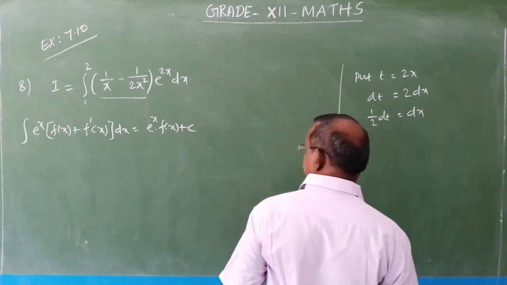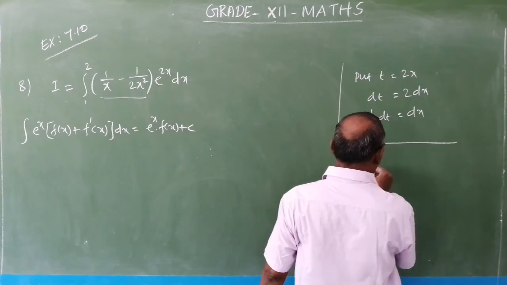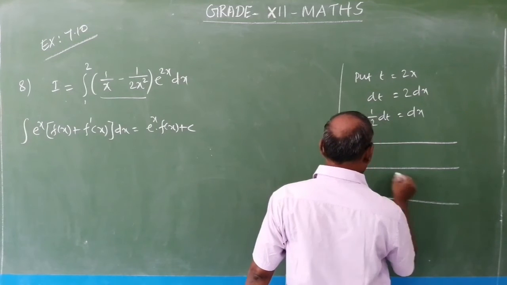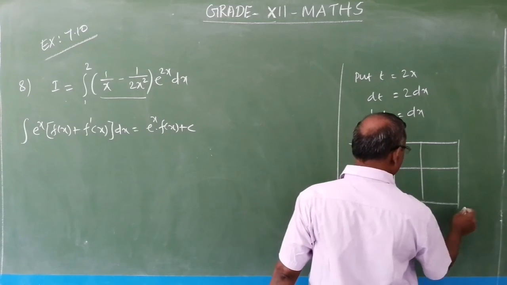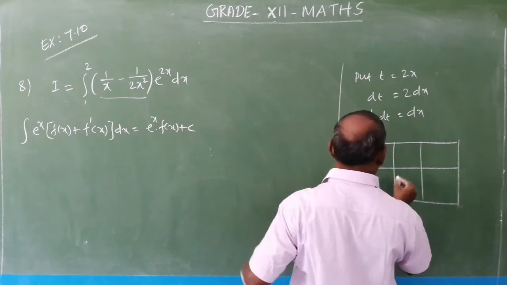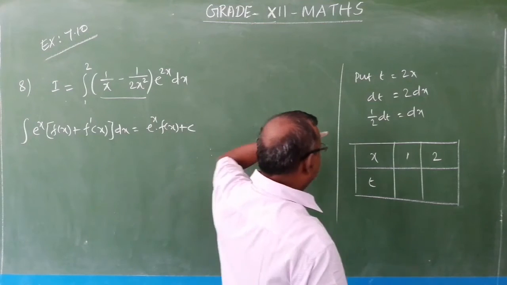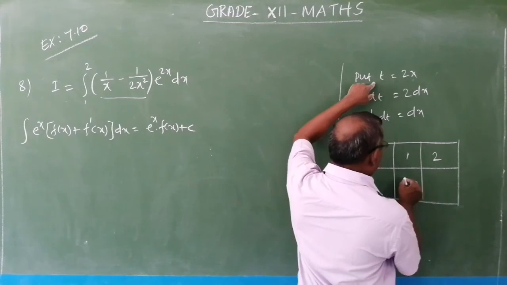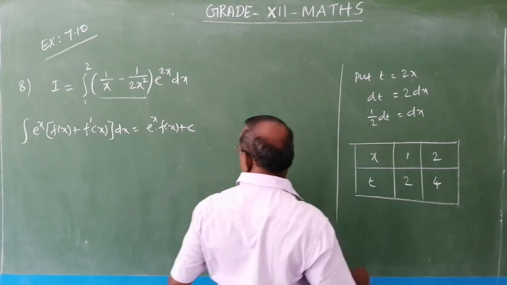Now we have to change the limits also. For x, t, the limits are 1 and 2. When x equals 1, t equals 2, and when x equals 2, t equals 4.